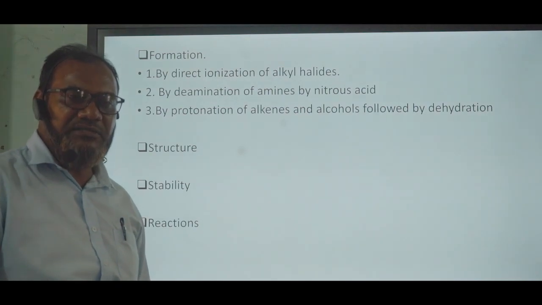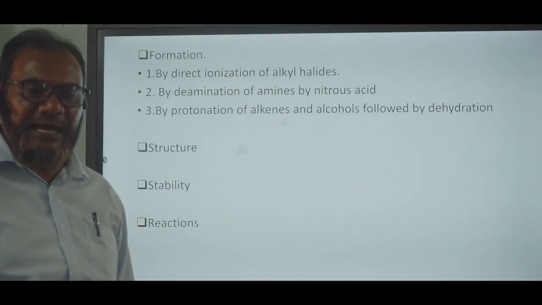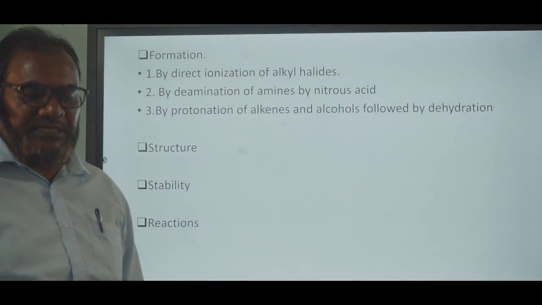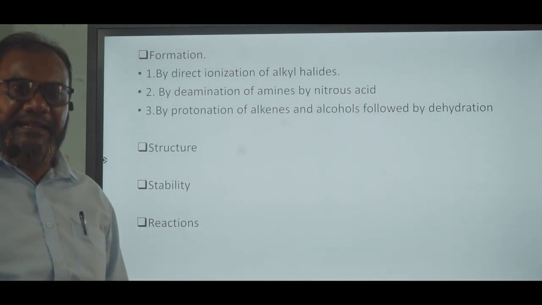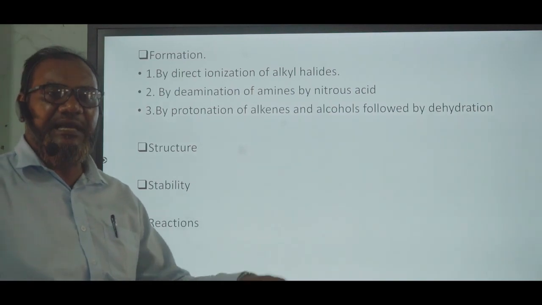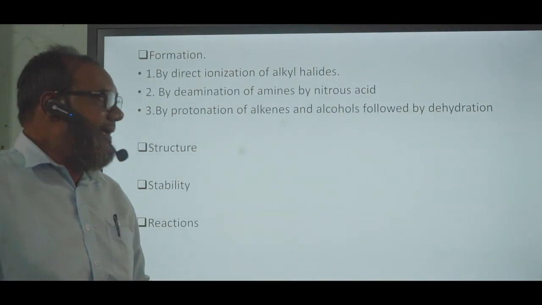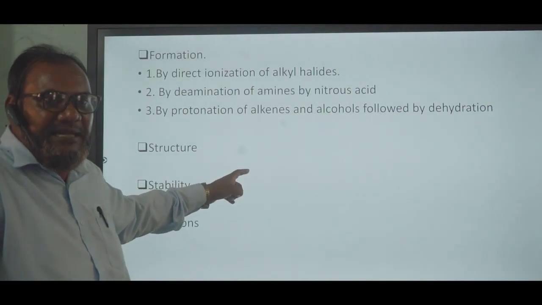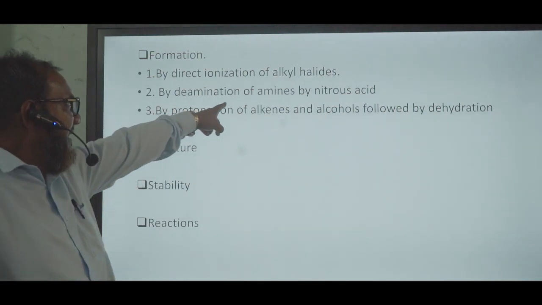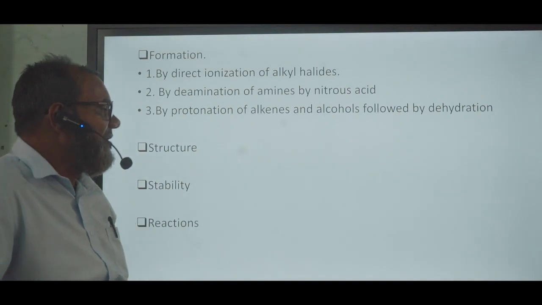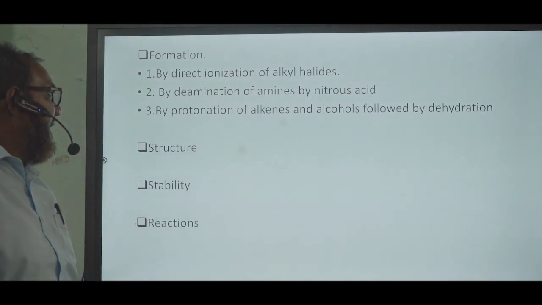Since halogen atom is more electronegative than carbon, this carbon-halogen bond breaks in such a way that the shared electron pair shifts towards the halogen atom, creating this positively charged carbon center, that is carbocation. Next one is by deamination of amines by nitrous acid, which also produces carbocations.